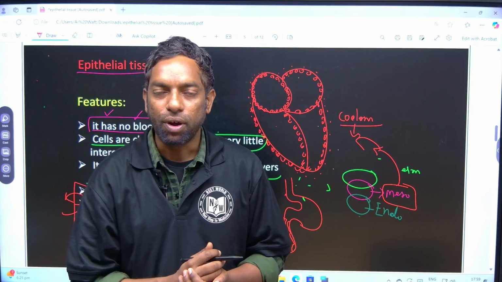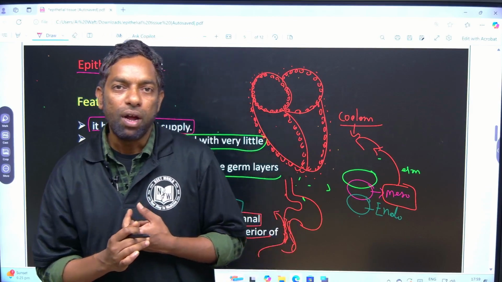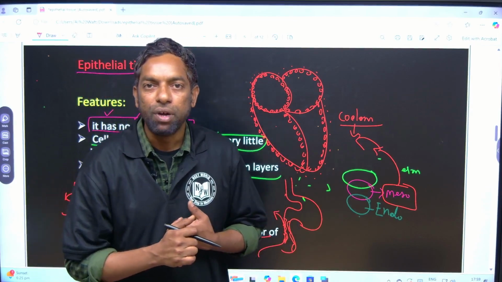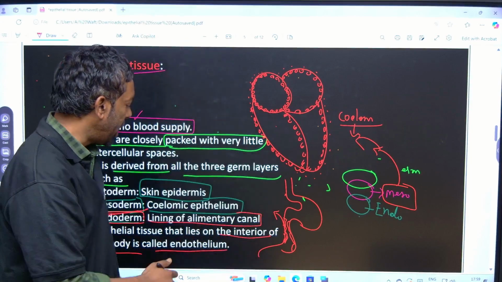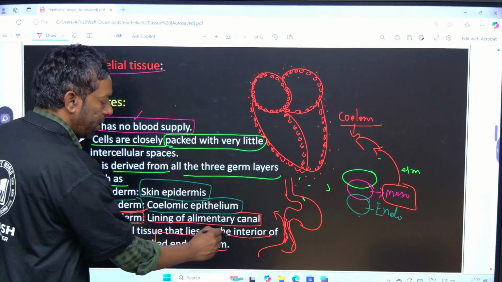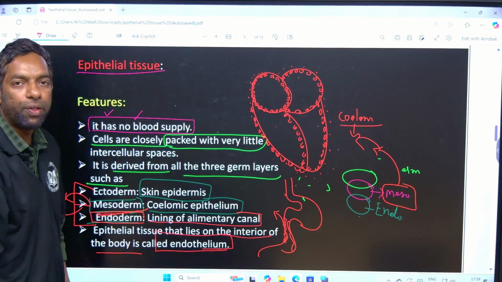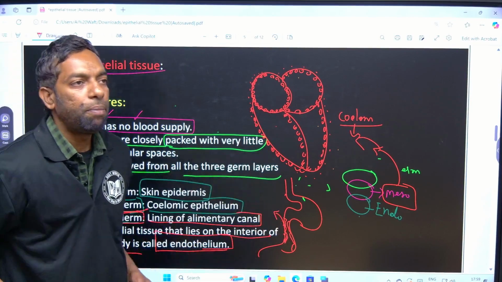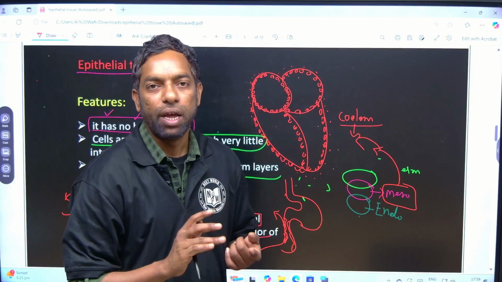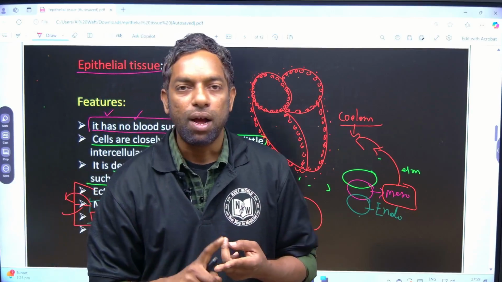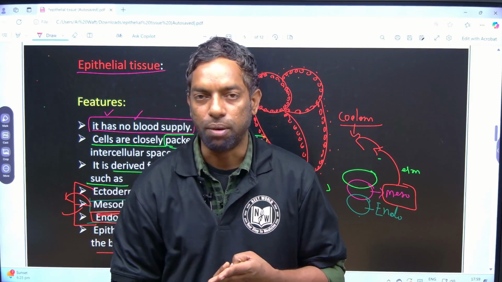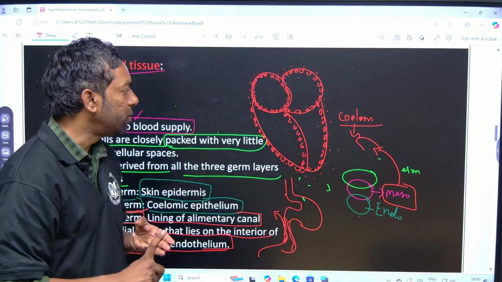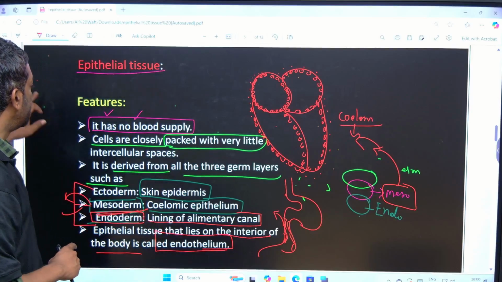Visceral peritoneum and parietal peritoneum together we can call endothelium. Does it mean epithelial tissue originates from ectoderm, endoderm and mesoderm as well? Epithelial tissue developed from the 3 germ layers.